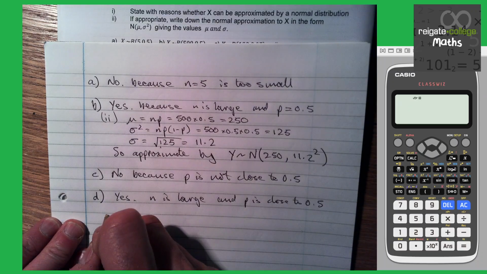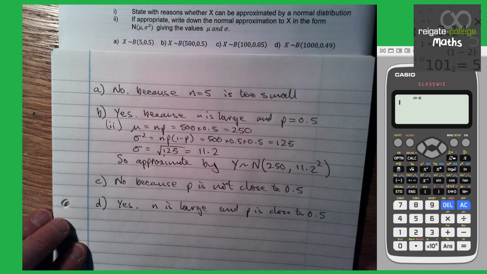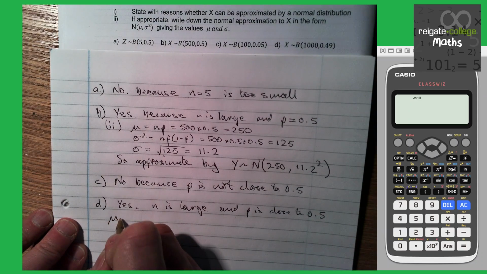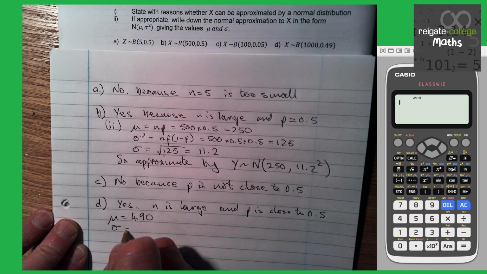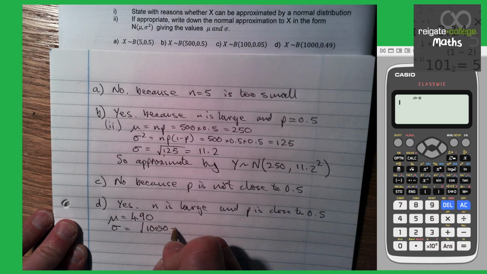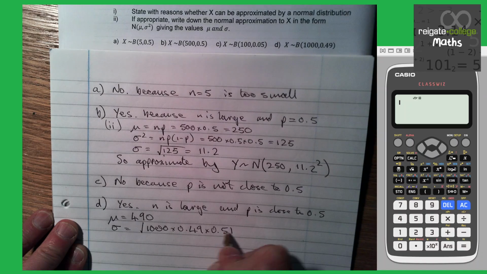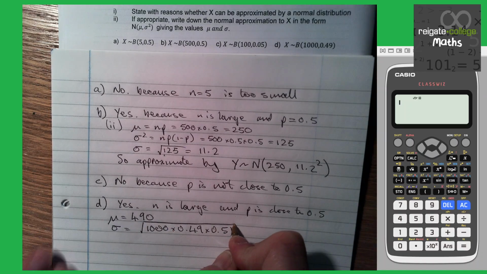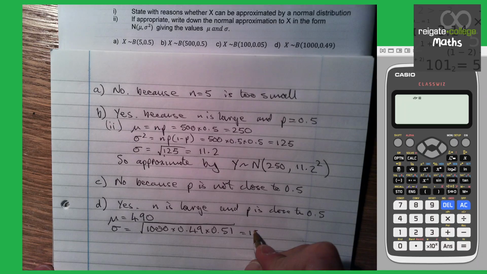So mu is equal to, what do we have? We have 1000 times 0.49. Mu is equal to 490. Sigma is equal to the square root of 1000 times 0.49 times 0.51, and that's equal to 15.81.